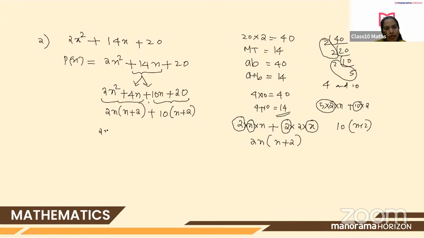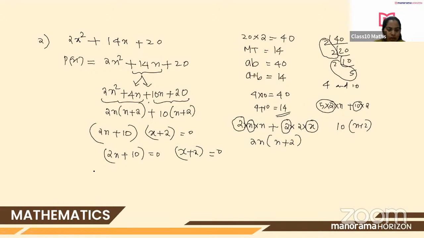So rearranging it, 2x plus 10 and x plus 2 is equal to 0. So 2x plus 10 is equal to 0 and x plus 2 is equal to 0. Okay, so here x is equal to minus 10 by 2, that is minus 5, and x is equal to minus 2.